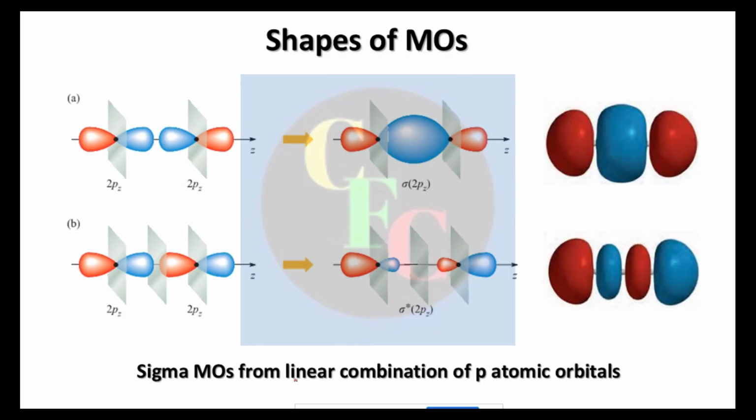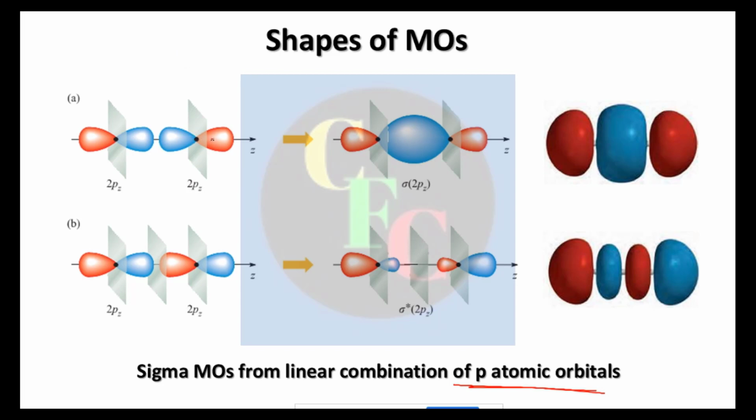Now in this slide we can see the linear combination of p atomic orbitals. Suppose this pz, right? Now this pz can have two kinds of phases. We already saw in our previous lecture that p orbitals have opposite phases beyond the nodal plane, right?